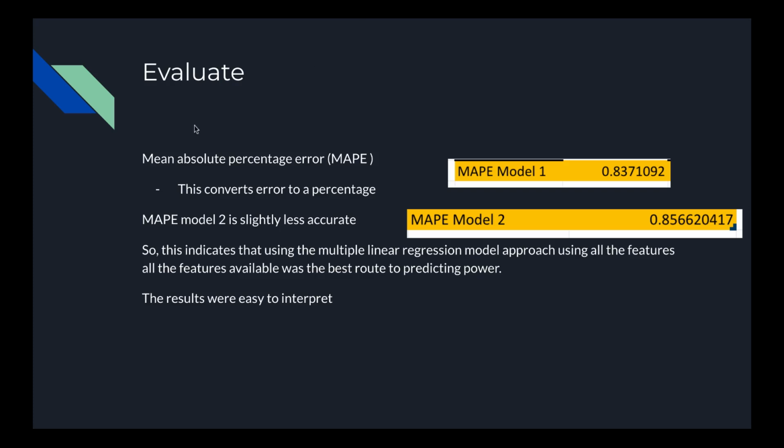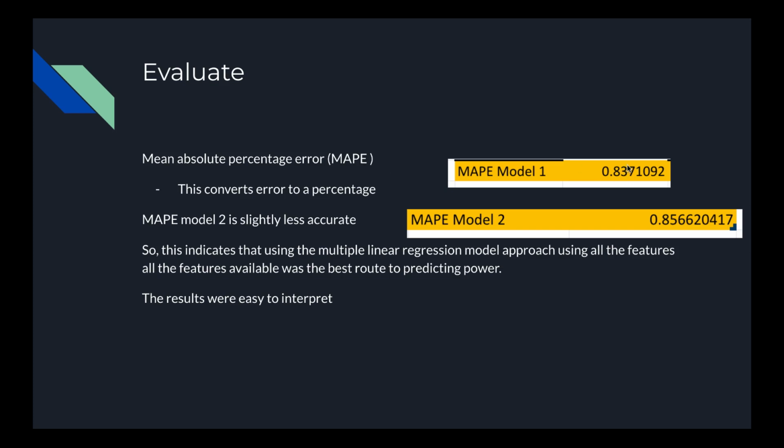From there, we were required to evaluate the 2 models to decide which model was most appropriate and best at predicting the energy output. So what we did was we calculated the mean absolute percentage error, or MAPE, which essentially converts error to a percentage.